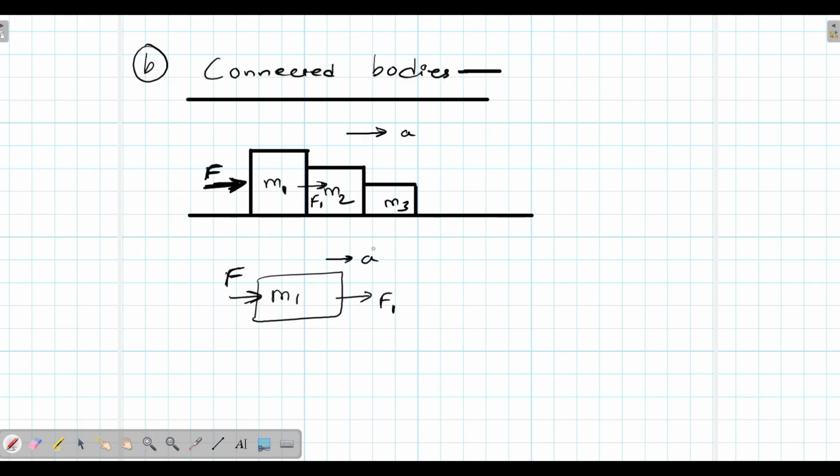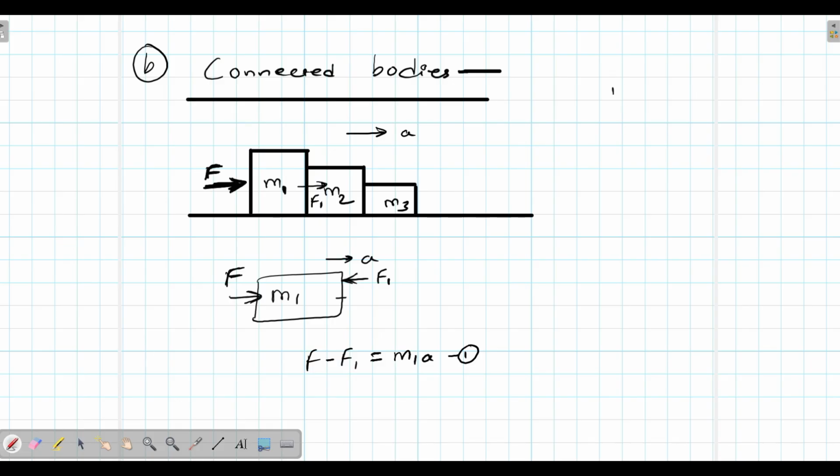As this force is F1, this is also F1. Action, reaction. For M1, F minus F1 equals M1 into A.